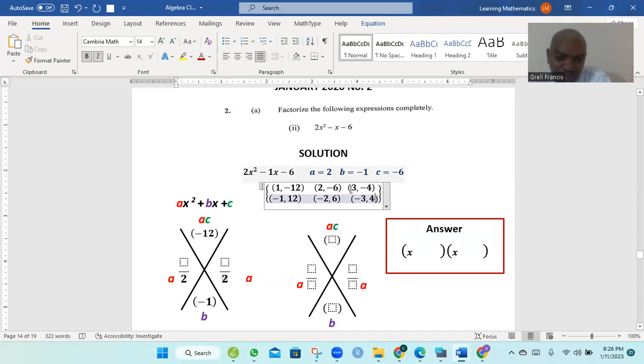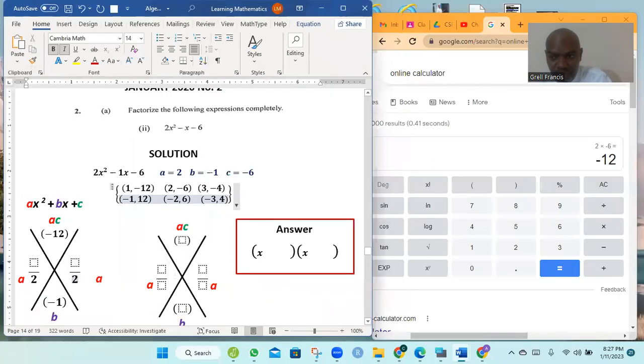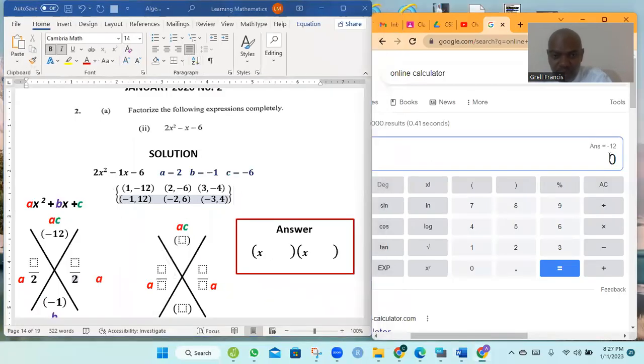Now, which of these 6 pairs, when you add them, you're going to get -1? Is it 1 and -12? No, when you add 1 and -12, you cannot get -1. Clearly, it is 3 and -4, and we can prove that in our calculator. 3 times negative 4.